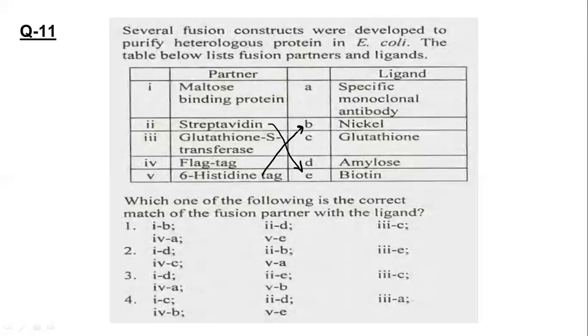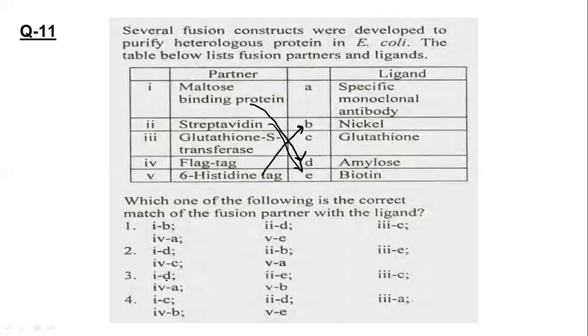Another is the maltose binding protein. Maltose is a carbohydrate, so it binds with amylose.